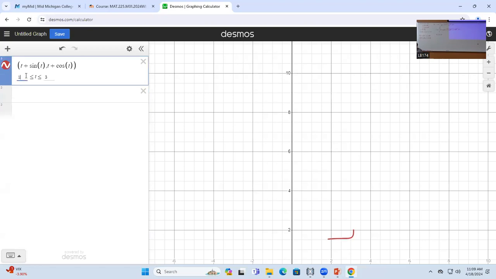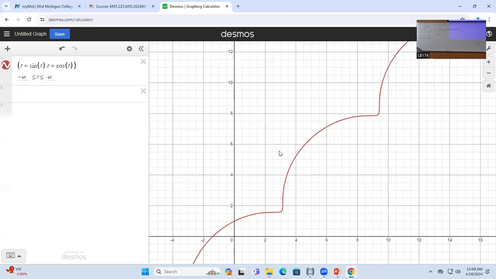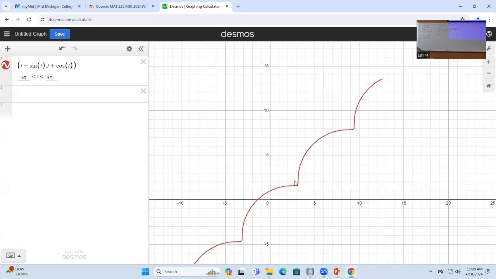And if you go from, let's do negative 4 pi to positive 4 pi, you get this weird stair step effect, and it looks like it's a rounded stair, basically.